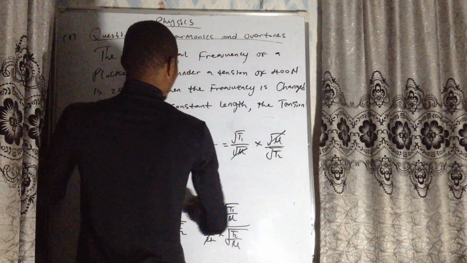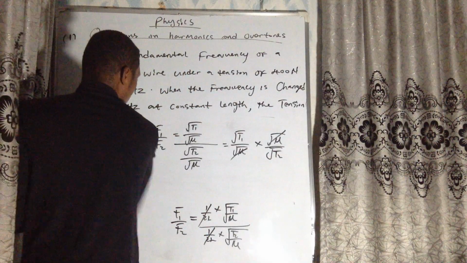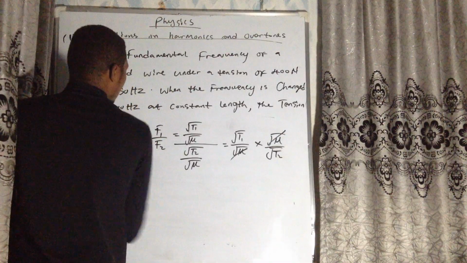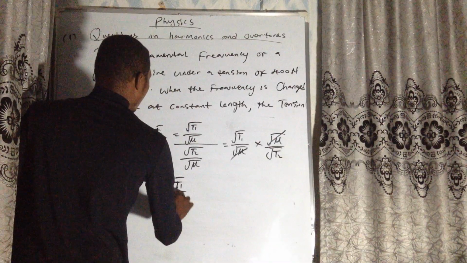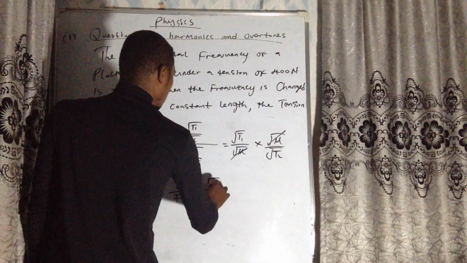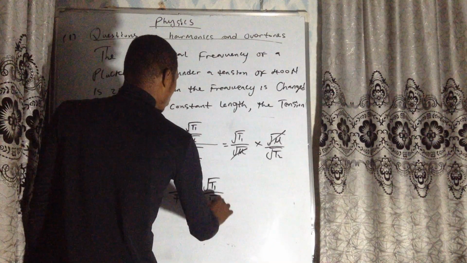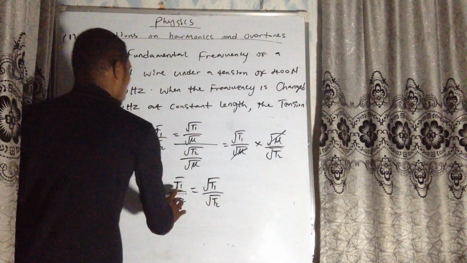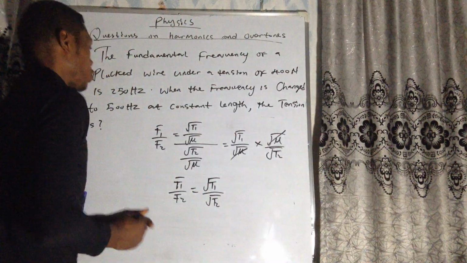So mu will cancel mu. So we now have, finally, F1 over F2 is equal to root T1 over root T2. So you see, we have gotten the equation to solve this.